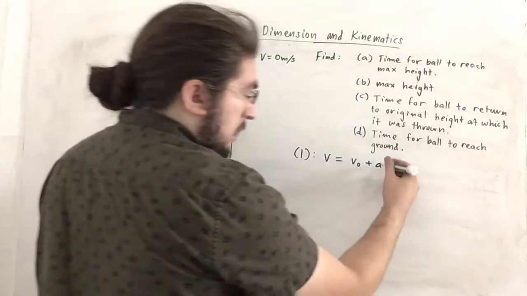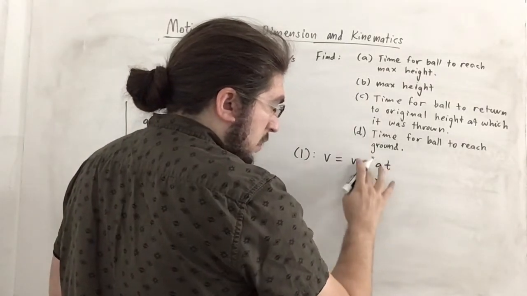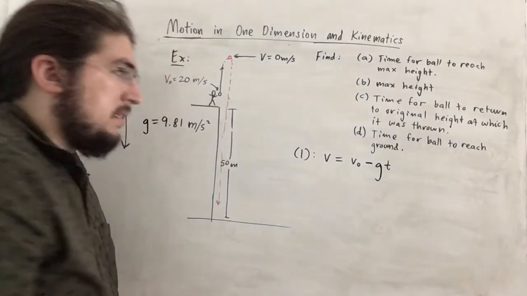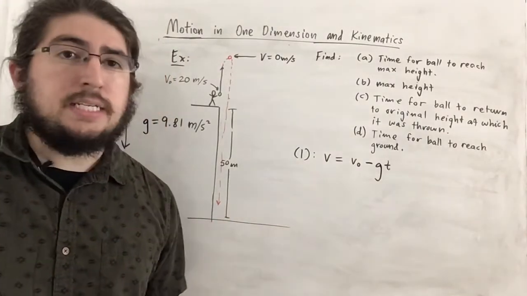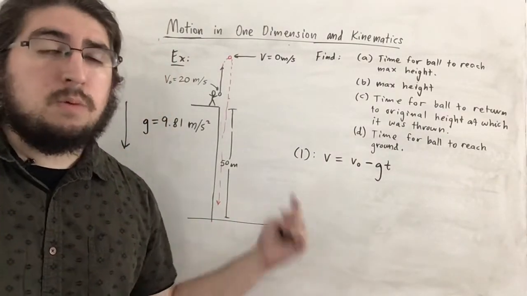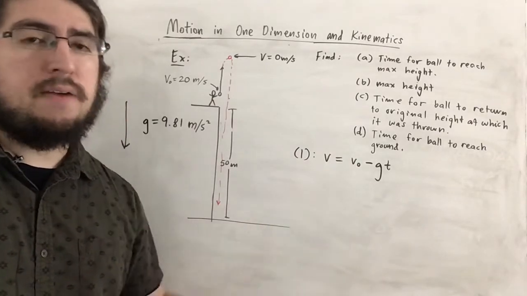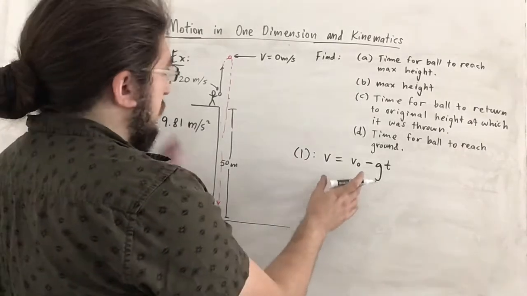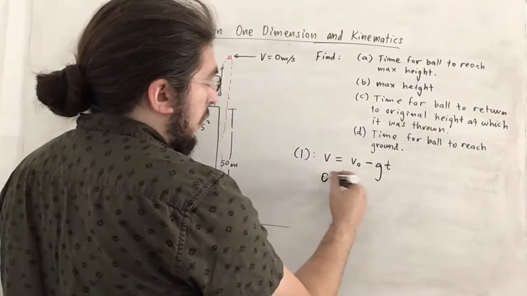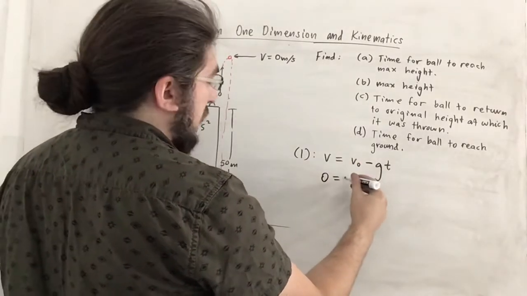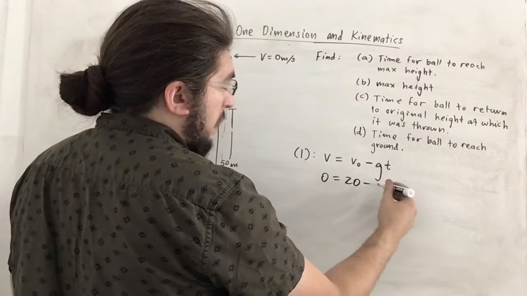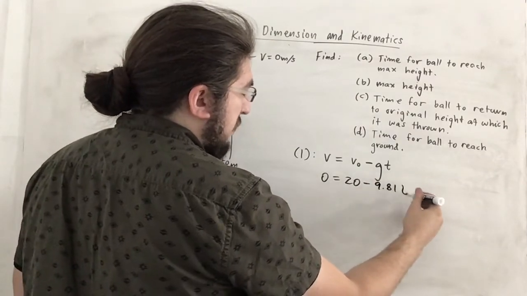So I'm going to actually modify this equation like this. v is equal to v naught minus gt. Now this is in a vertical instance when gravity is taken into account, when we're going against gravity. So now, keeping these things in mind, our final velocity is 0, our initial velocity is 20. We know gravity is 9.81, and now we can find time.